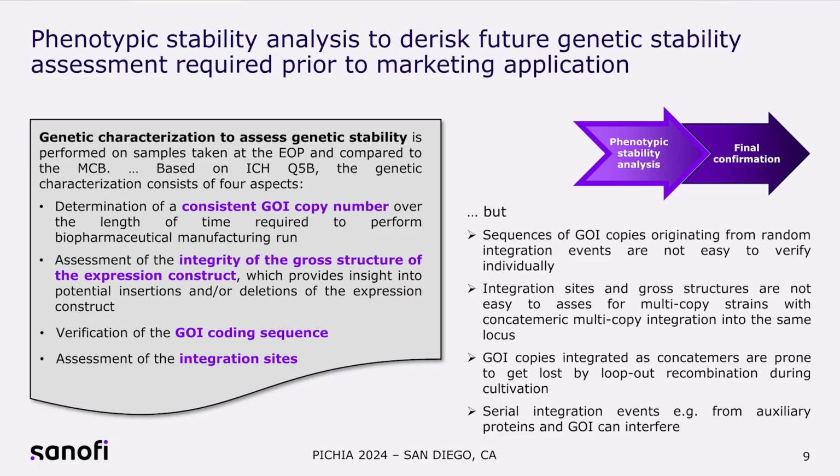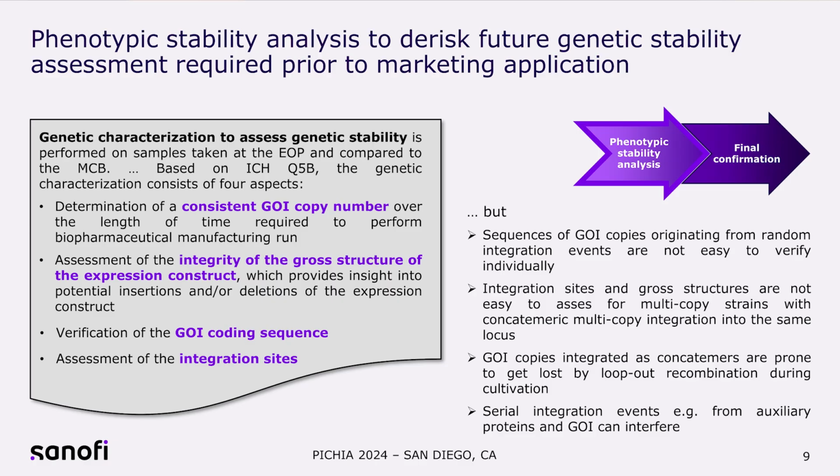The requirement for genetic characterization to assess genetic stability comes from regulatory authorities. They want us to have a look at the starting material of a process, which can typically be a master cell bank or working cell bank, and compare on a genetic level cells at the end of fermentation. Those cells have already undergone a lot of doublings, which can sum up to 40 to 60 generations when comparing starting material to end of fermentation cell material.